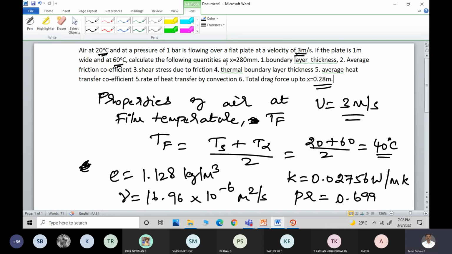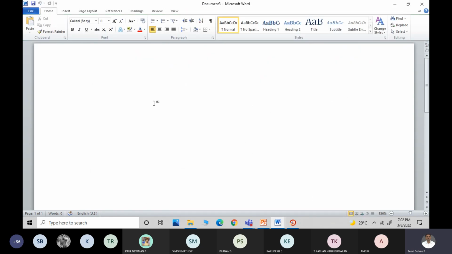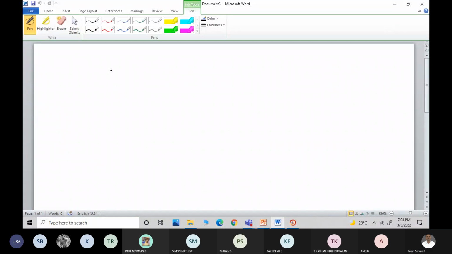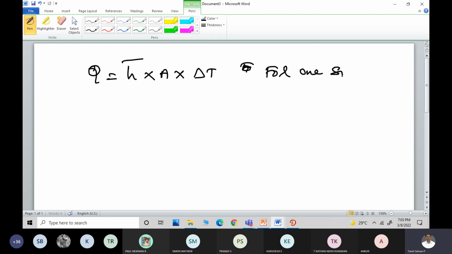Now Q is equal to h bar into area into del T for one side of the plate. Is it okay, students? For both the sides, 2 into A. That's it. So h bar.